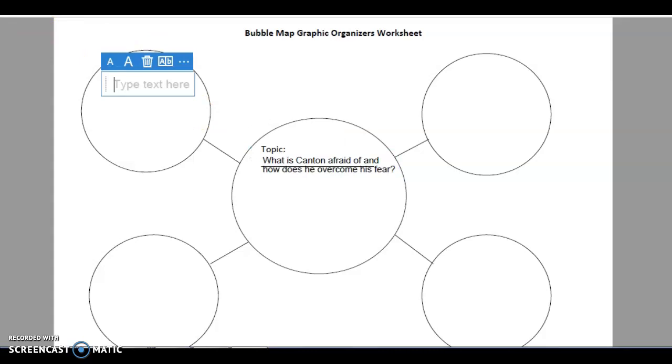My first thought about what Canton is afraid of was that his mom maybe would get hurt again. So that's what I was going to put in my first bubble.